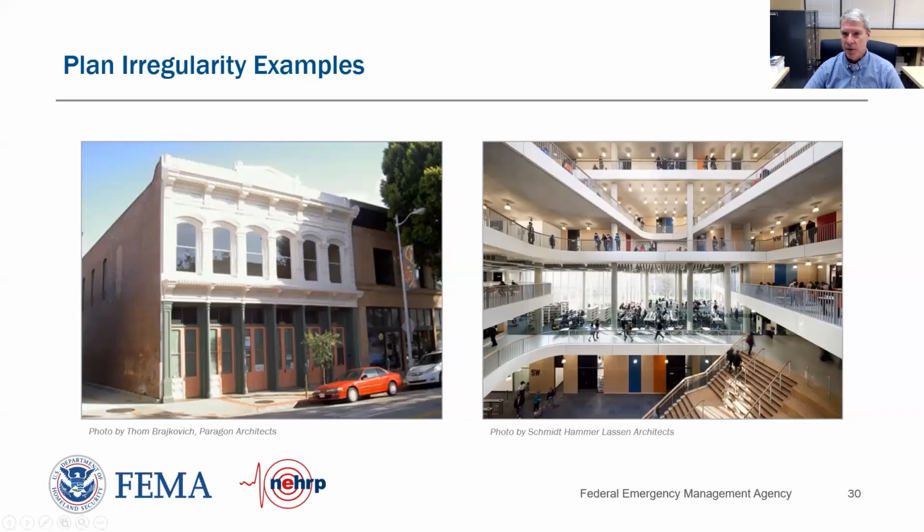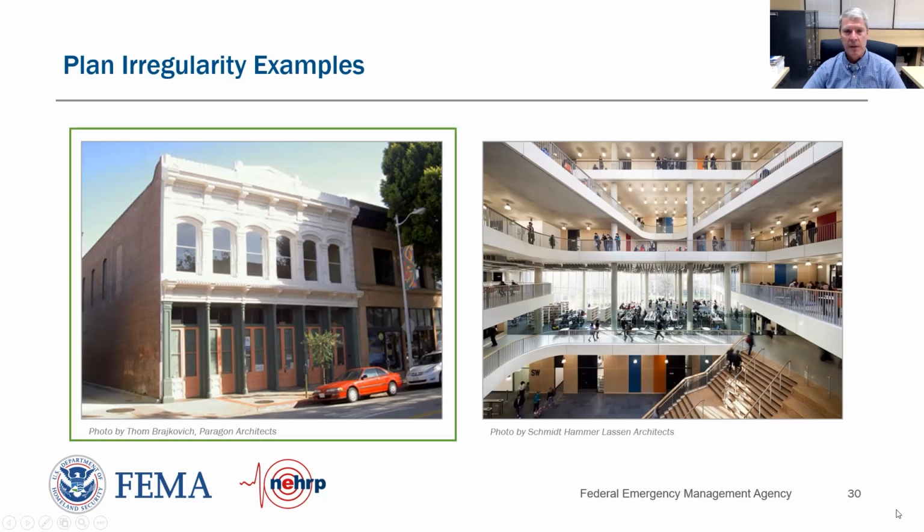Here are another 2 examples of plan irregularities. The photograph on the left shows an older downtown building, 2 stories, where we have that open storefront, and we can see the sidewall is pretty much void of openings at the first level. And so we can introduce some torsion within this building. So that's a plan irregularity.